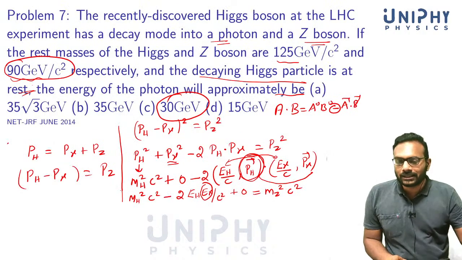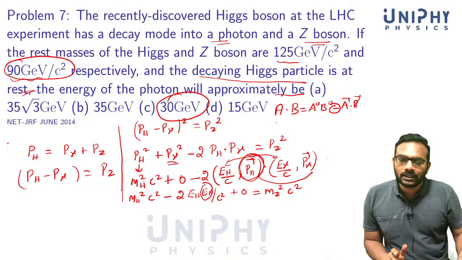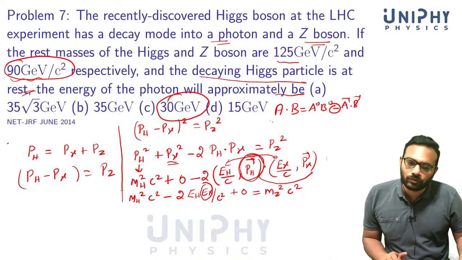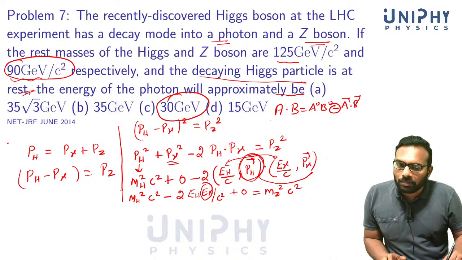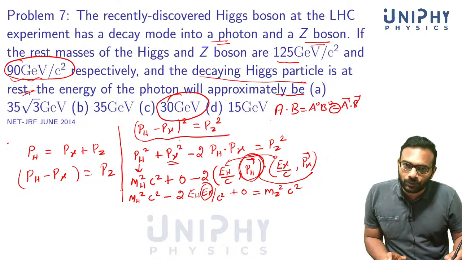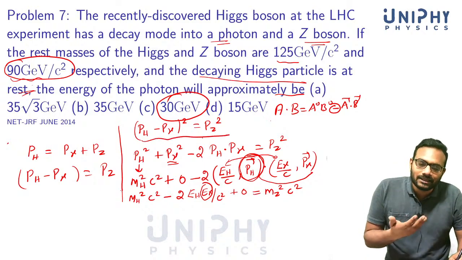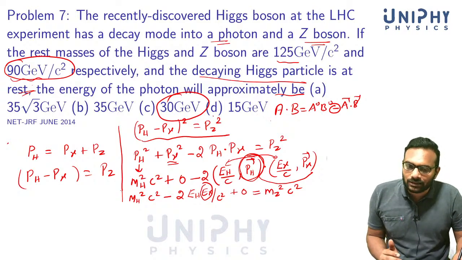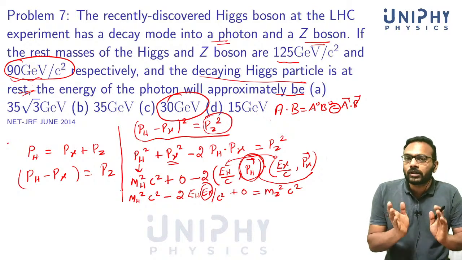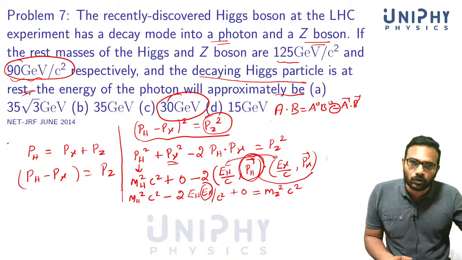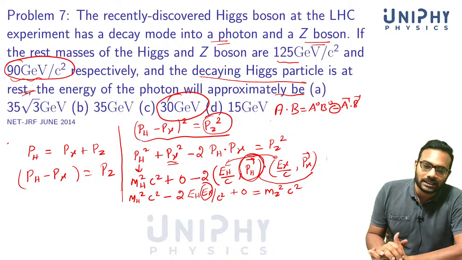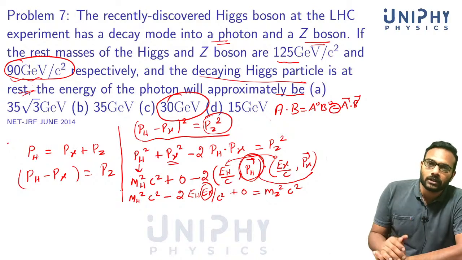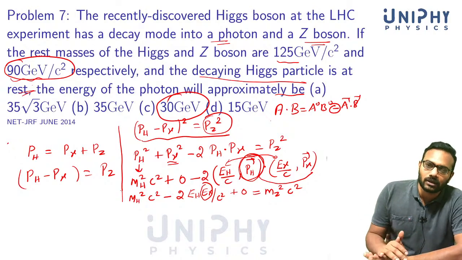So here the trick that we used, I just want to elaborate a little bit on the trick that we use here. The trick is to learn about four vectors, four momentum, and you combine the four momentum in such a way that the terms that you need to eliminate are eliminated. If you are squaring it, however complicated the expression for 3 momentum is, the spatial part of the momentum, if you square the 4 momentum, you will get the mass square multiplied by c square.